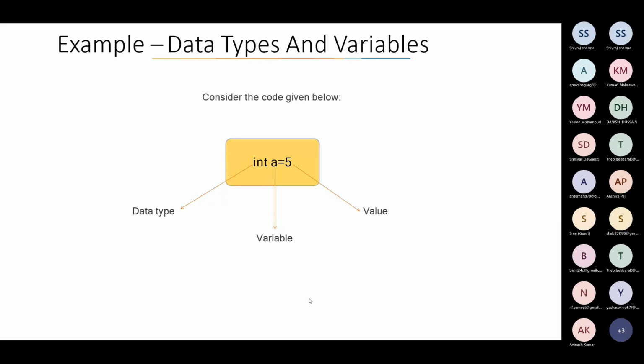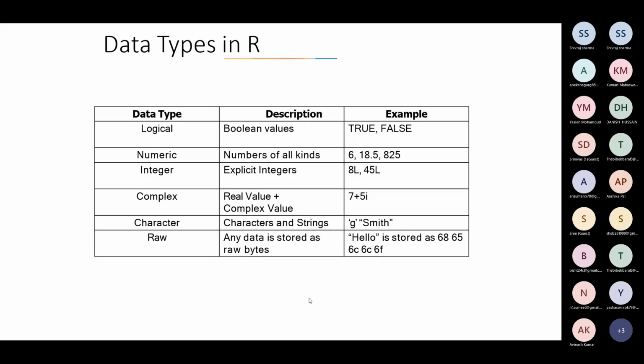Okay, moving ahead, the different data types in R. The very first is your logical. A few of these we have already seen in Tableau and SQL. So more or less 2 or 3 are new for you. All of you know that logical, that is true and false, which is known as Boolean values.